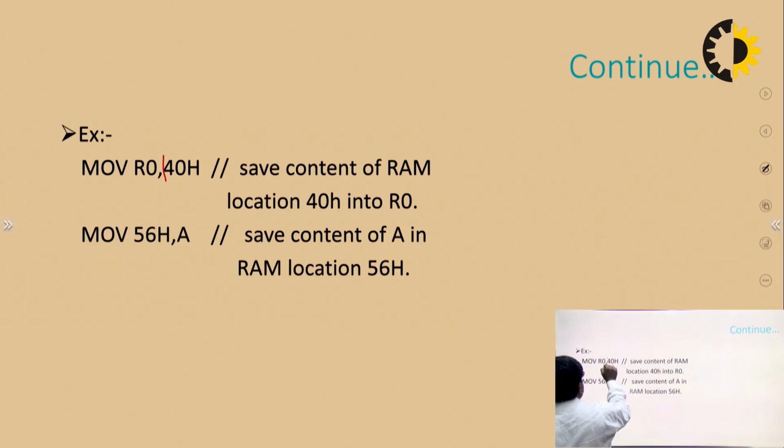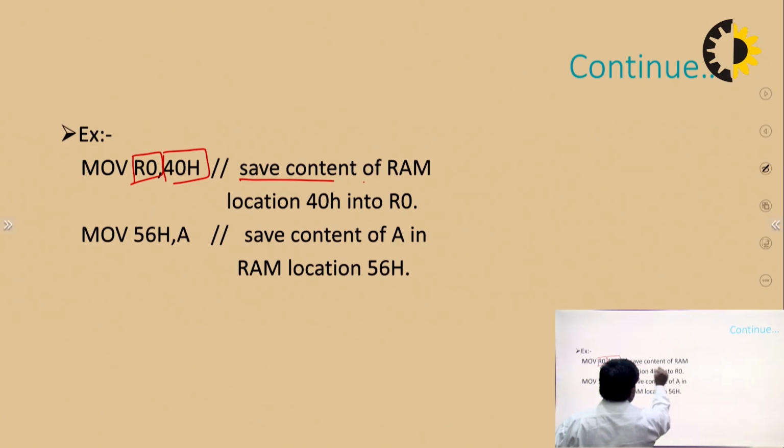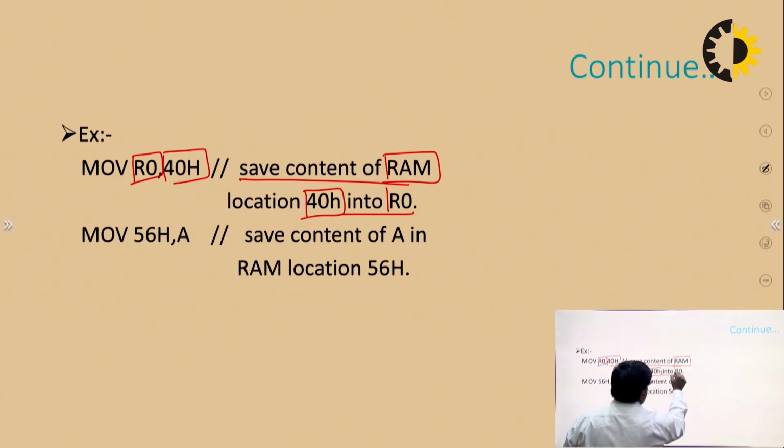From this memory location, the data content is transferred from this register. Say, save now this one, RAM location 40H to R0. Now, this is the meaning of this instruction. Now, we move to the next example.